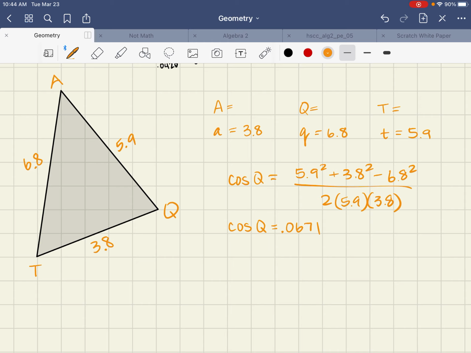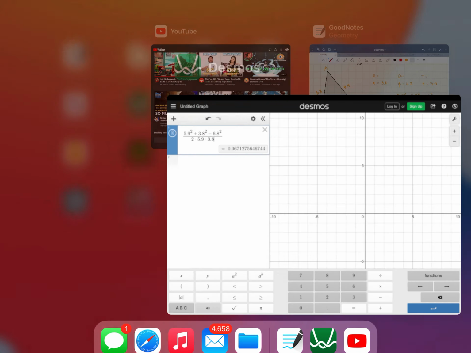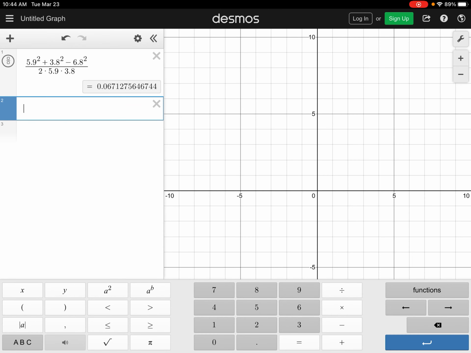So we're going to say cosine of Q is 0.0671. Now we need to solve for angle Q, because this is not Q, this is cosine of Q. So we're going to move the cosine over there, and when you move it over, you have to take cosine inverse. So Q is equal to cosine inverse of 0.0671.